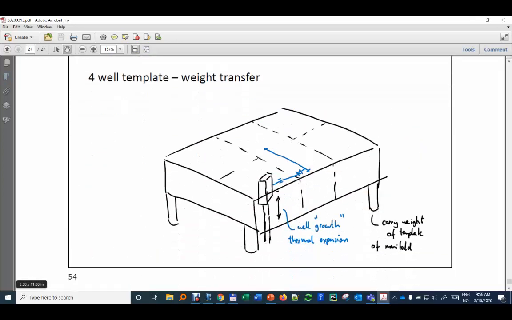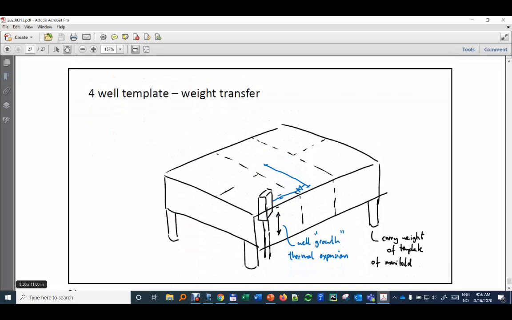The last thing we did was to make some comments on the weight transfer. Remember that the Christmas tree, the well, the conductor, all of it, the weight is transferred to the soil through the conductor by the arrangement of concentric casing layers that we discussed before.